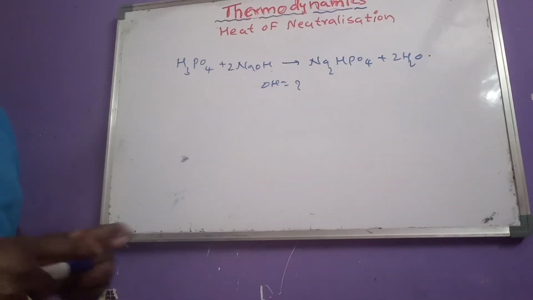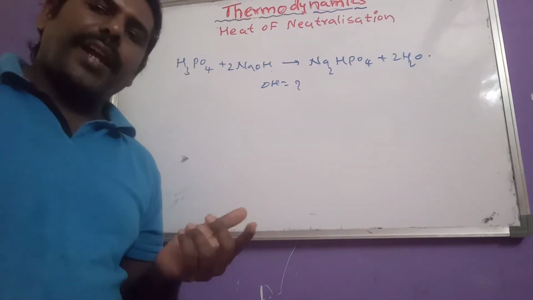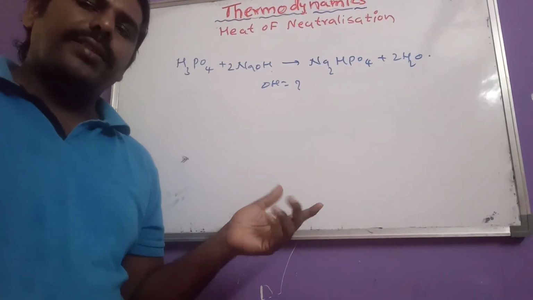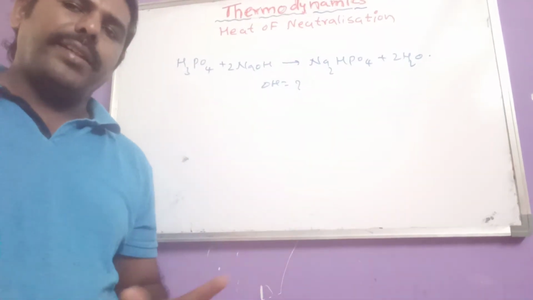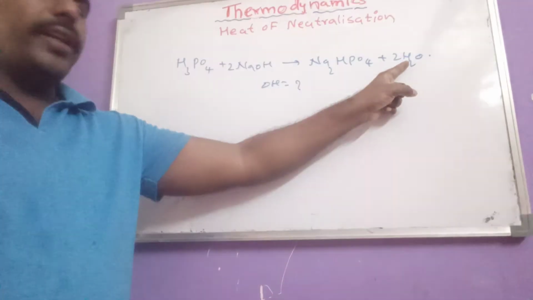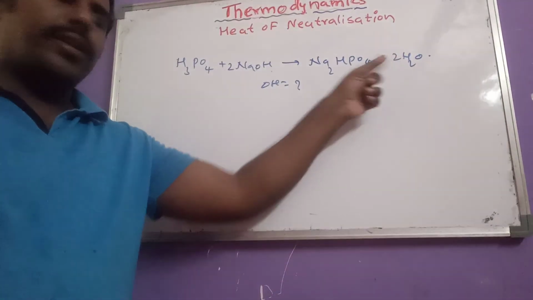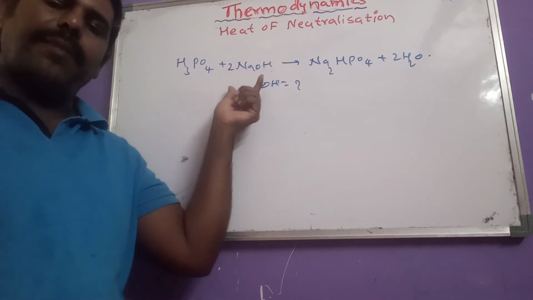So many students just observe the H3PO4. As it is a tribasic acid, they may give the answer delta H value minus 3 into 57.3 kilojoules. But that is wrong, because here only 2 moles of water are formed, because NaOH is not in excess amount, it is insufficient.